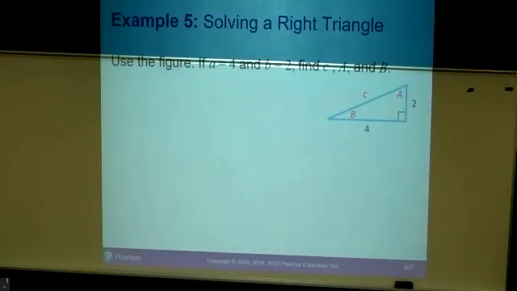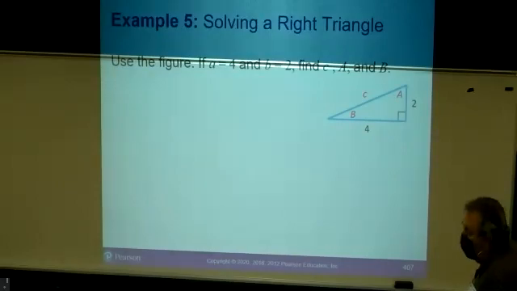So here we have another right triangle, and we do not know what A and B are. So let's see how they're going to find them. They're either going to find A first or B first. If they go after A, it's going to be the tangent of A will equal 4 over 2.